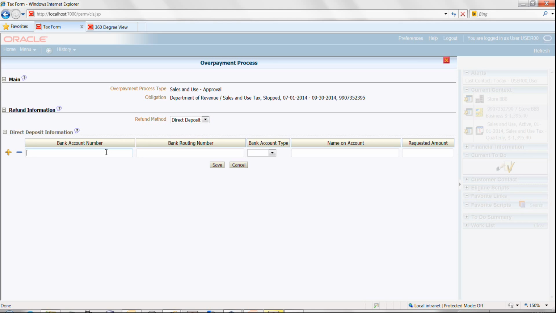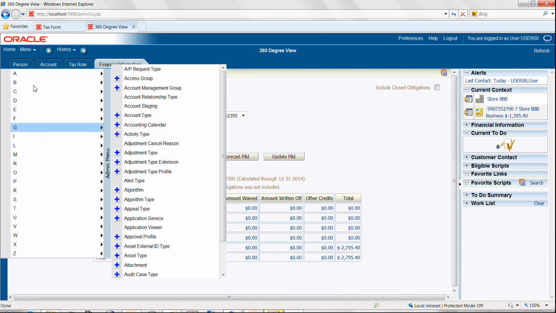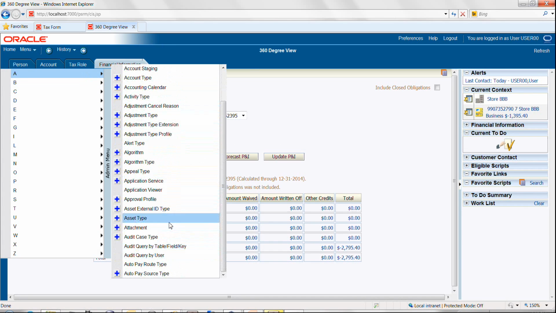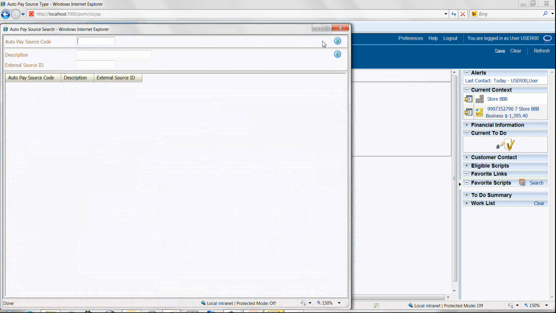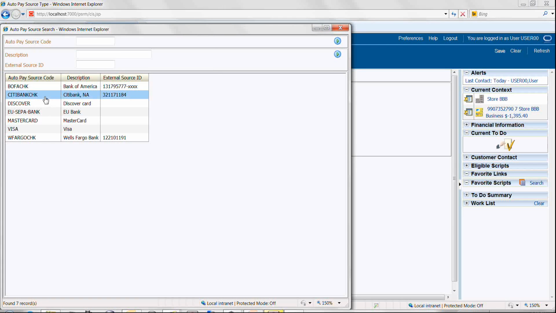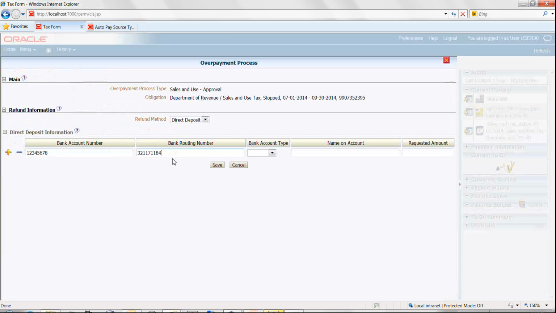I'm just making a fictitious account, but the routing number has to come from something called the autopay source, which I have filled in here. I have some bank details here, and it's the external source ID which needs to match with the routing number.